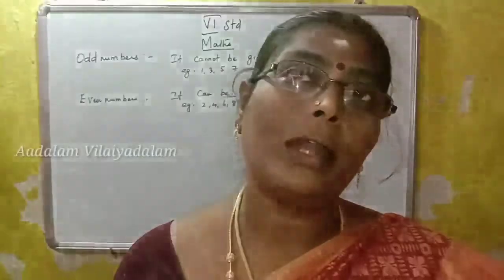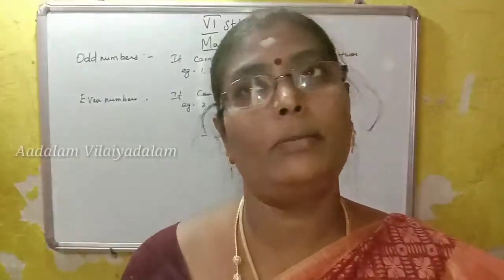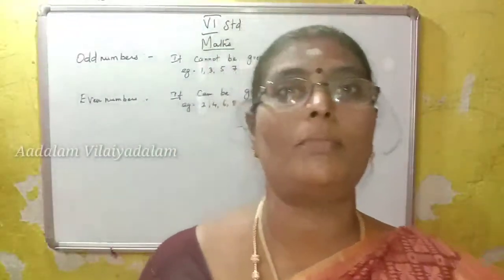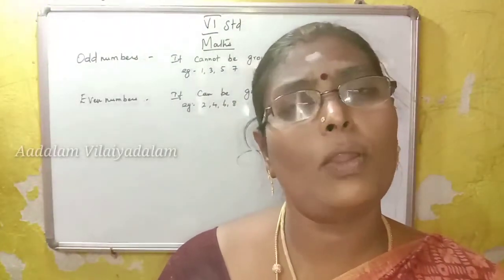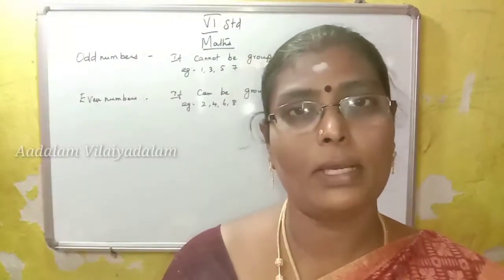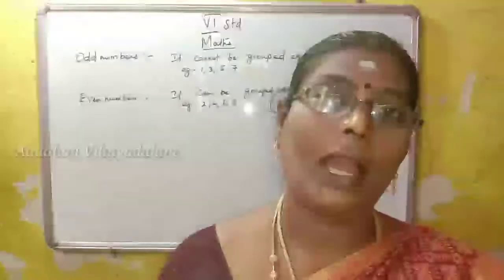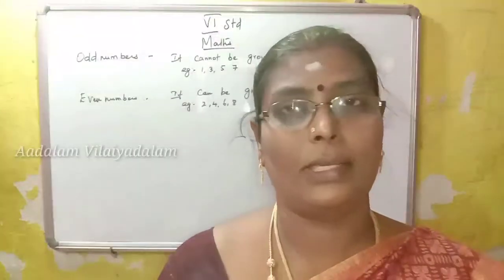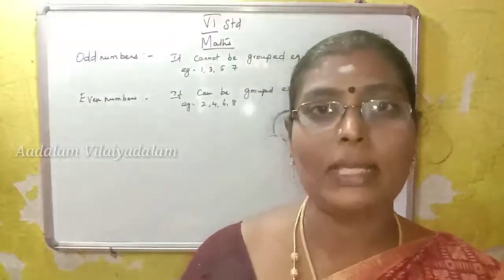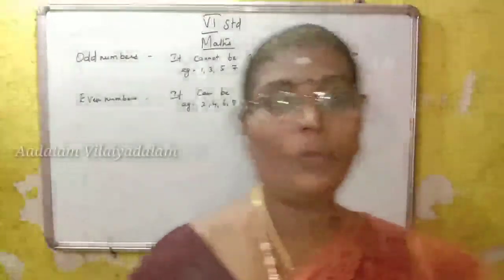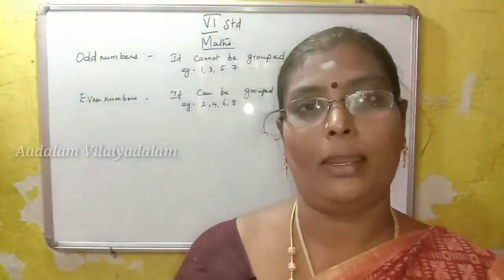Numbers are divided into two: natural numbers and whole numbers. What is meant by natural numbers? Natural numbers start with 1 and whole numbers start with 0. The digits are only 0 to 9.